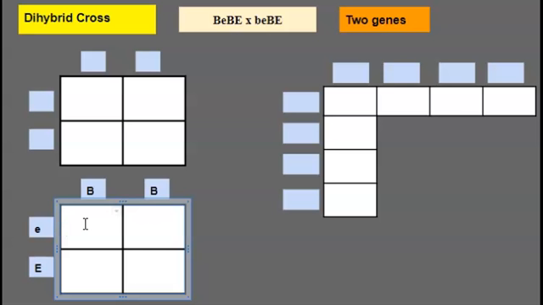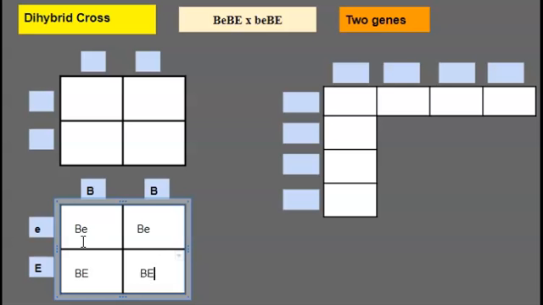To make it easier to read, I'm going to put all my B's first. So I have big B, little e. Again, over here I'd have big B, little e. Down here I'd have big B, big E, and again big B, little e.